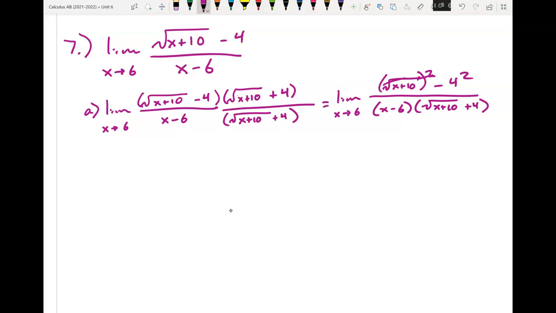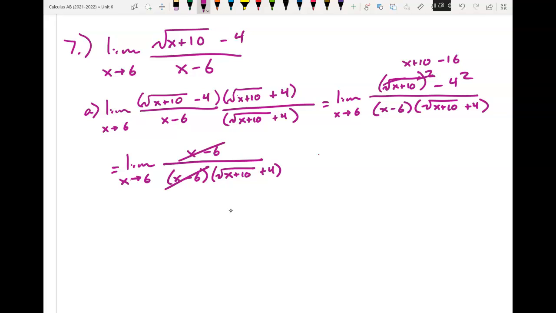That will give me 16. So this is going to be x plus 10 minus 16. That ends up with x minus 6, which will cancel with the x minus 6 in the denominator. And I'm left with the limit as x goes to 6 of 1 over the square root of x plus 10 plus 4.